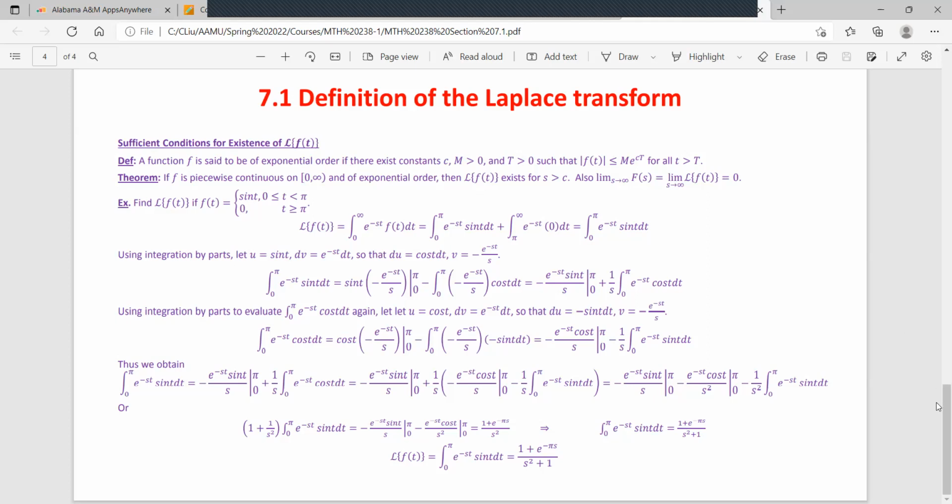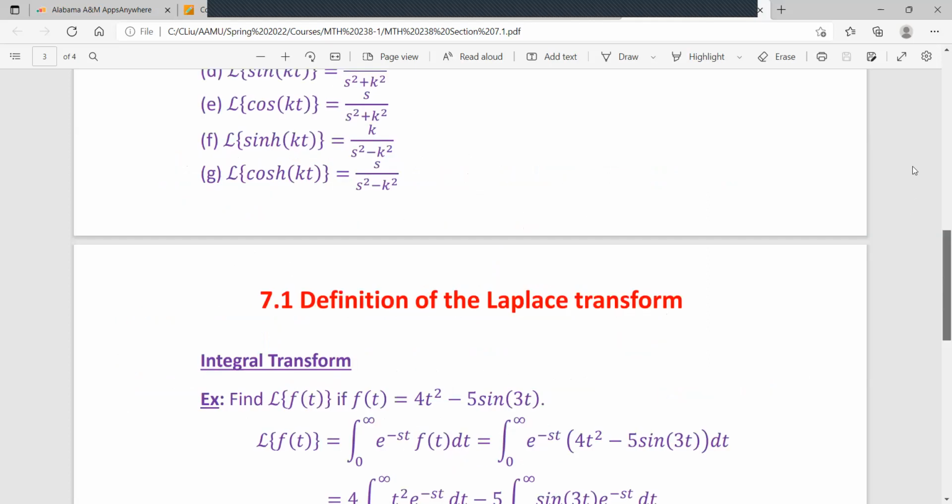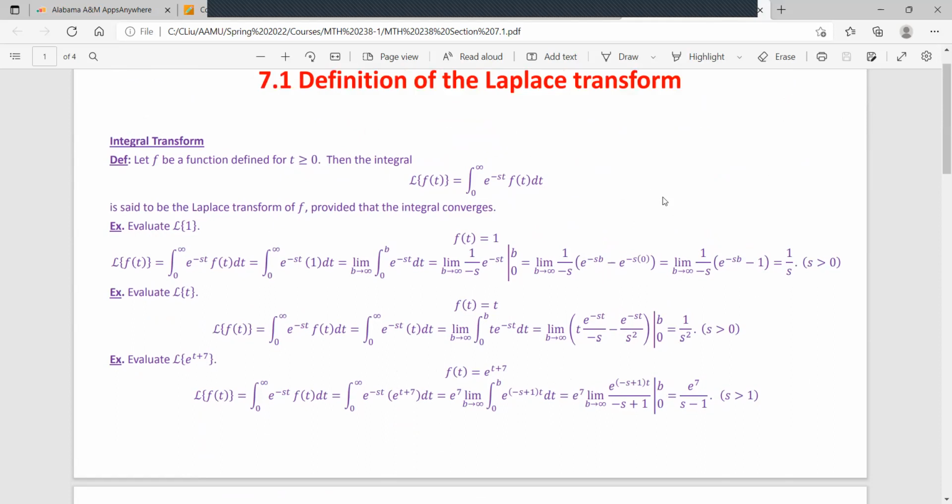When we did those examples of Laplace transforms, we did require s to be positive, greater than 1, so that when we take the limit of b while evaluating the improper integrals, those exponentials vanish.